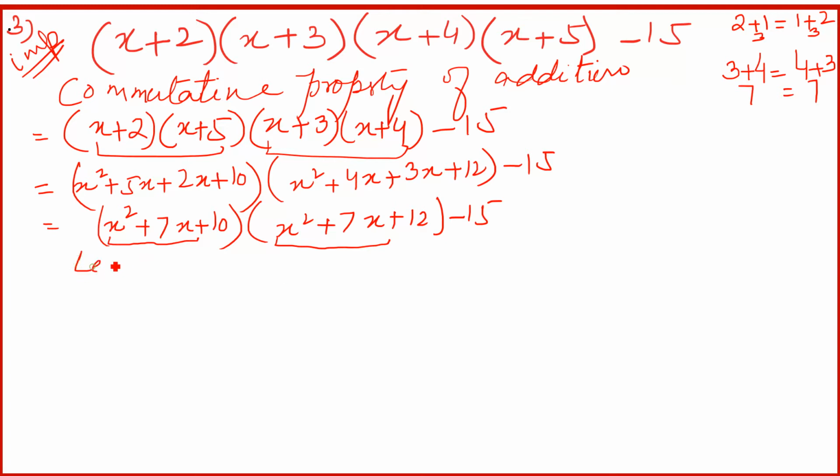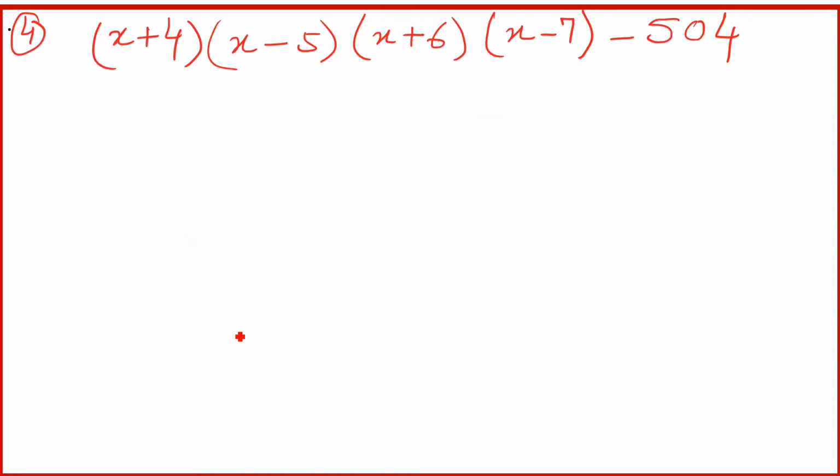So we will say here, let x square plus 7x be equal to y. Wherever you see this x square plus 7x, we will put y. So it will be y plus 10, and then here it is y plus 12 minus 15.